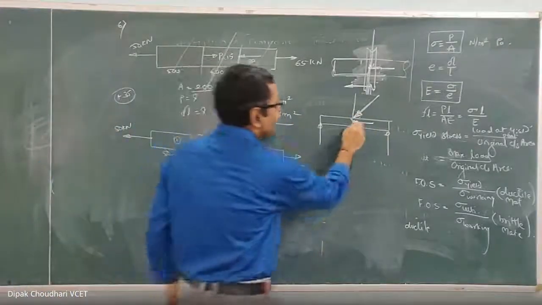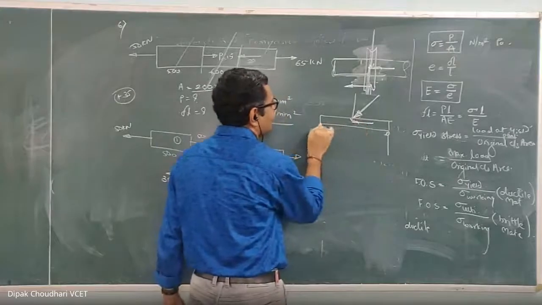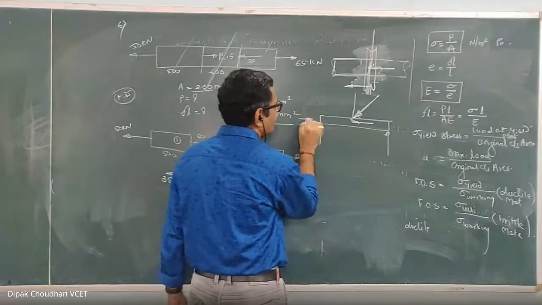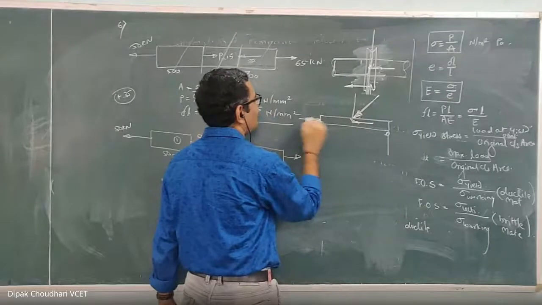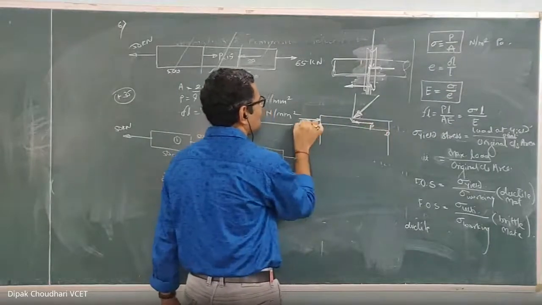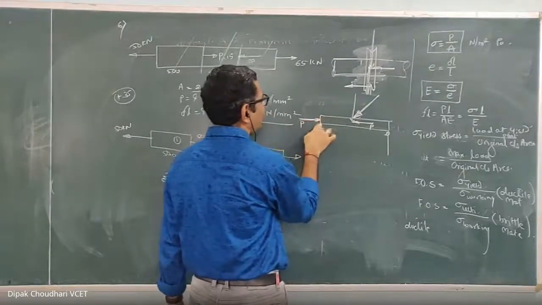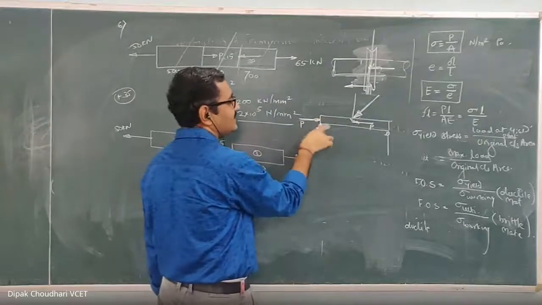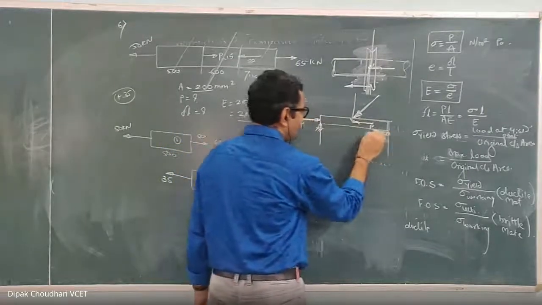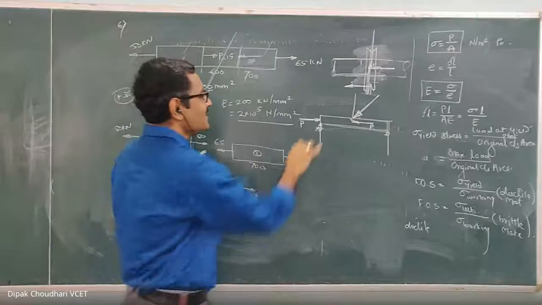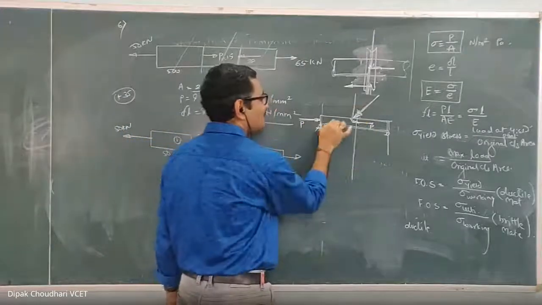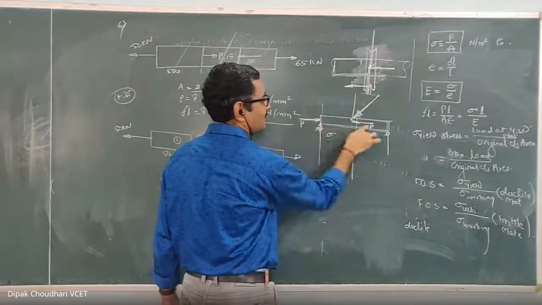To balance the horizontal component, here must be one hinge support, and the horizontal component of that hinge support is equal to this force P. If this force P is there, then the horizontal component of that hinge support is also P. Means in this beam, in this part, compressive stresses are induced because of this P.